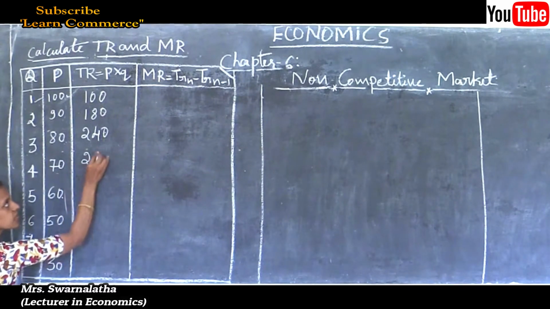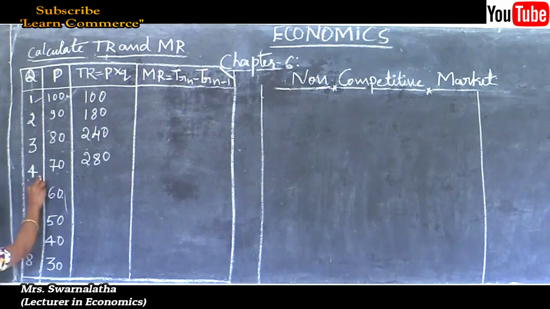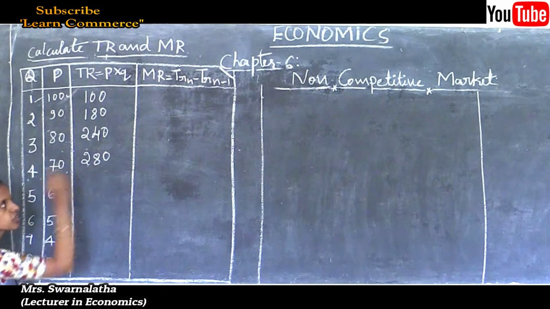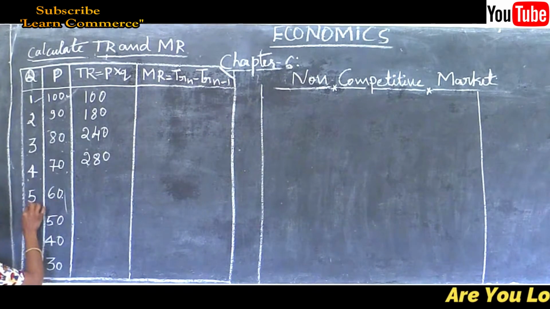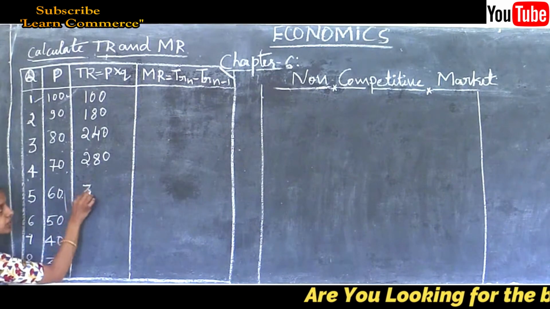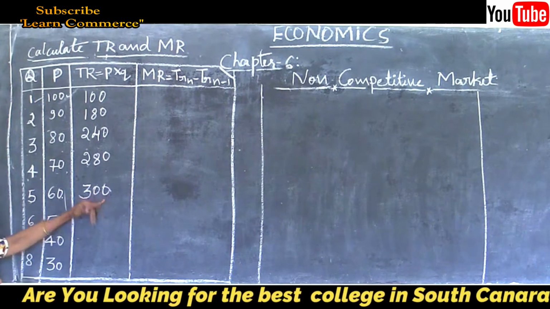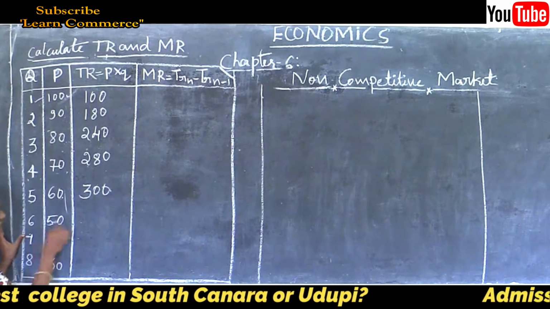Next is 70 into 4, price into quantity. 4 units of goods sold or produced at 70 rupees, total revenue is 280. Same continuing here, price into quantity, 60 into 5, that is 300, the total revenue earned by the monopoly firm.